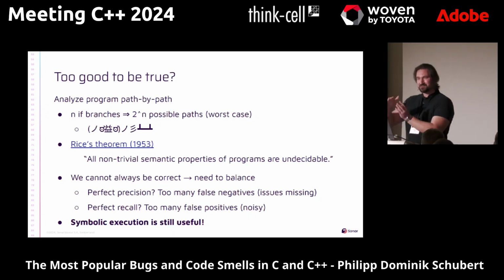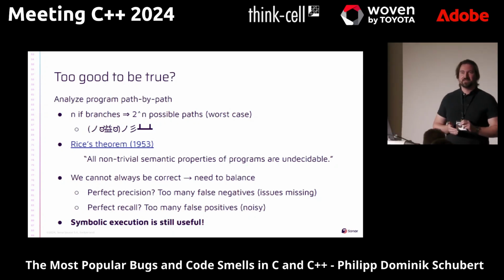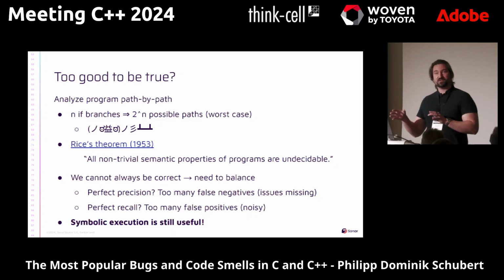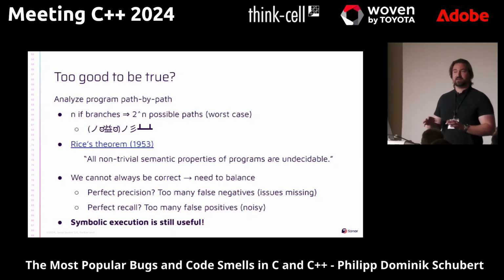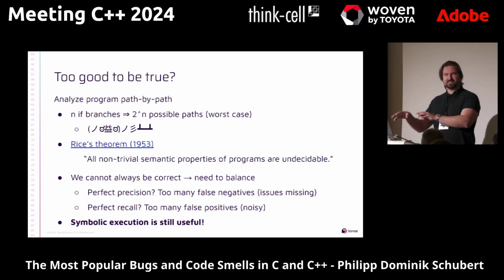We constantly have to implement analysis algorithms which try to do their best, right? We cannot always be correct, and we just need to balance our findings. Do we want to have perfect precision? What does it mean? That means we don't overlook bugs, but at the cost of reporting false positives, so at the cost of reporting bugs that in reality are not really bugs.